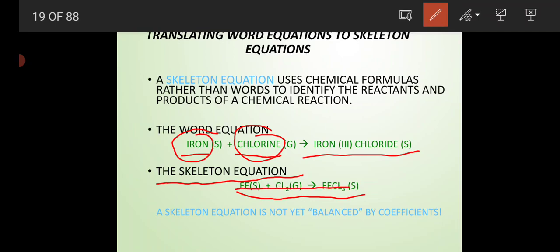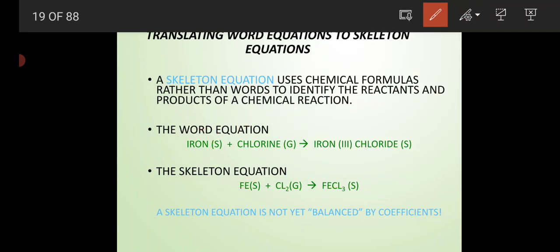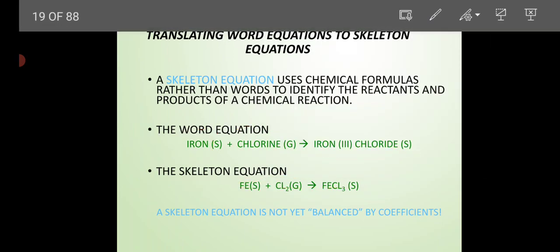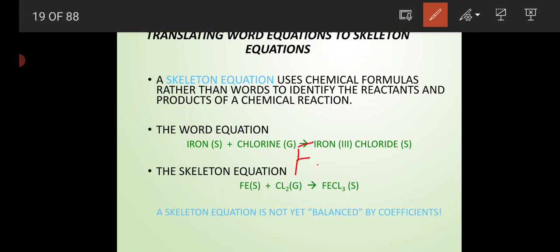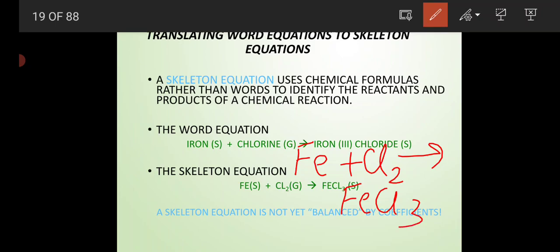So the actual equation is that when Fe, capital F and small e, reacts with chlorine, it gives you FeCl3. See here, whatever reaction is written like this is known as a skeleton equation.